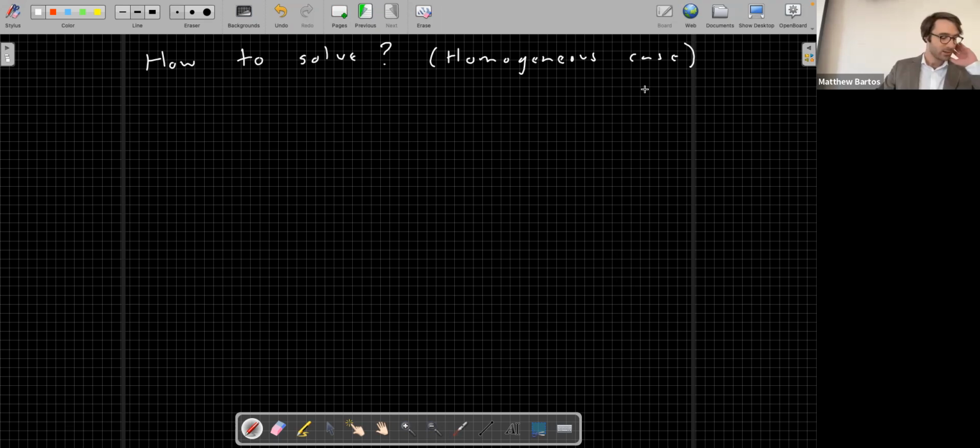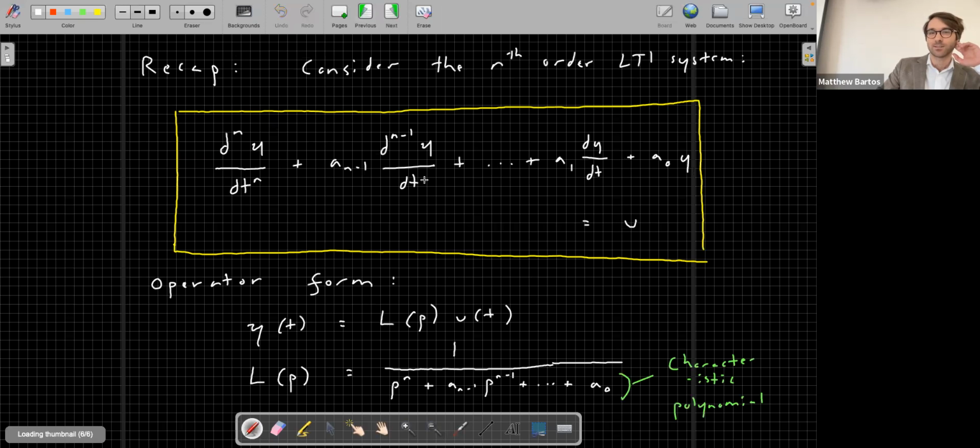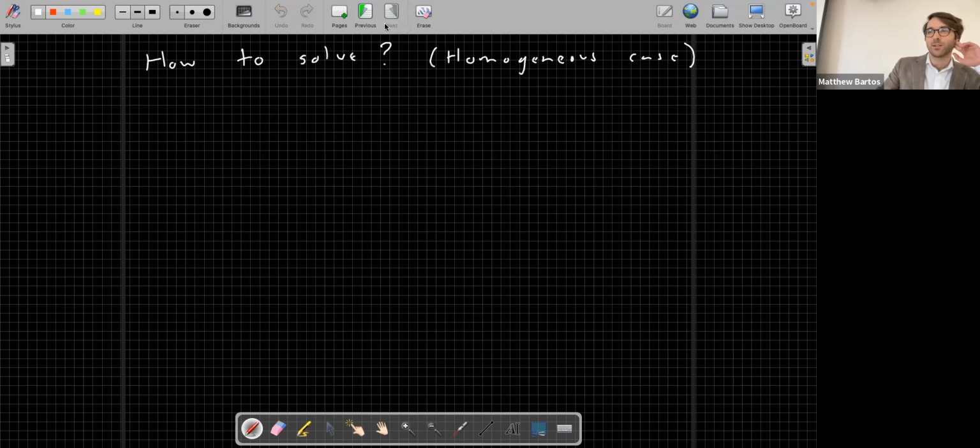So what is our strategy for solving a homogeneous LTI differential equation? What is our strategy for solving this equation here? Any ideas?